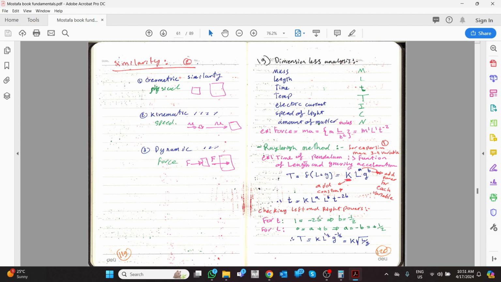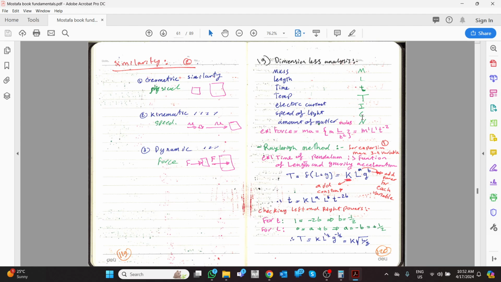For example, if I know that the temperature depends on pressure and volume and type of gas, etc., from PV equals MRT, I know exactly that the temperature is a function of those parameters, so I can make a dimensionless analysis without knowing any academic information, any formulas.